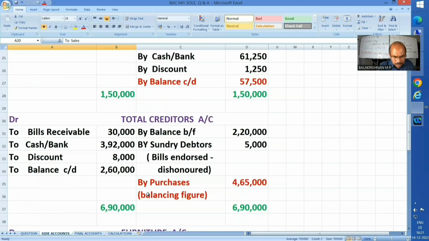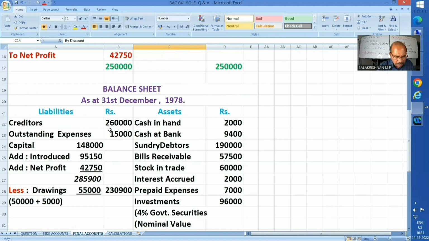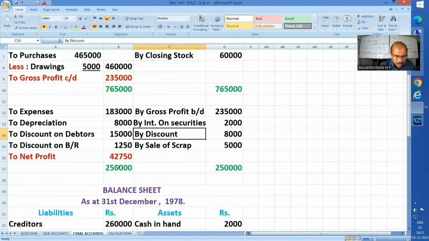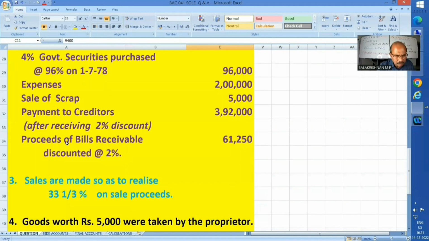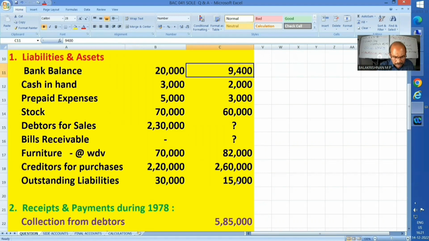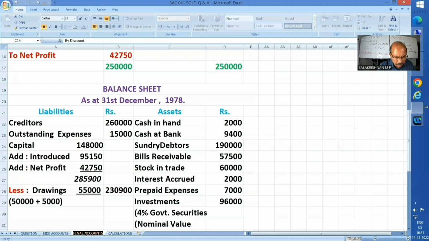Let us move to the liability side. Creditors, 2,60,000. Outstanding expenses. These we have already discussed, but again, I'm showing the current year's outstanding expenses, 15,000. Then capital.